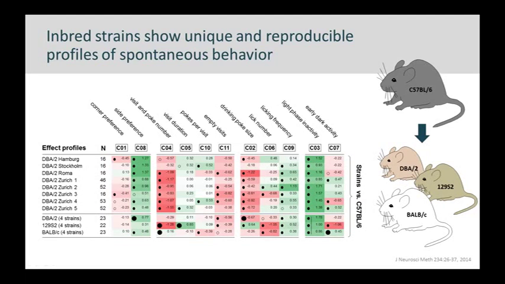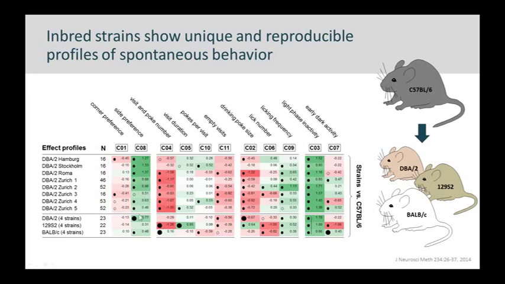In order to know whether these differences that we found in this experiment are actually reliable across labs and across experiments, we repeated one of the comparisons, the comparison of DBA to black 6 mice, several times in our own lab, and we also asked colleagues at other universities to run the same comparison in their cages.